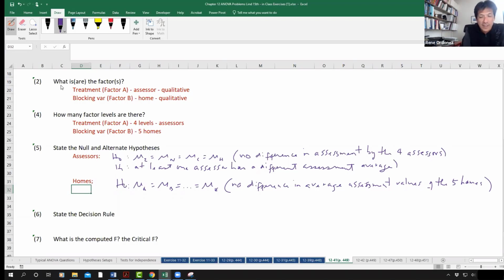The alternate hypothesis: at least one of the homes has a different assessed value.